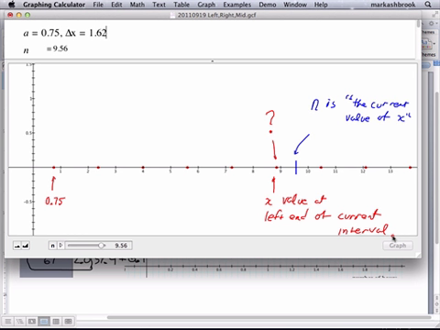So the first thing you did was what? 9.56 minus 0.75. Okay, and why? What does that calculation represent? The whole interval. From where to where?